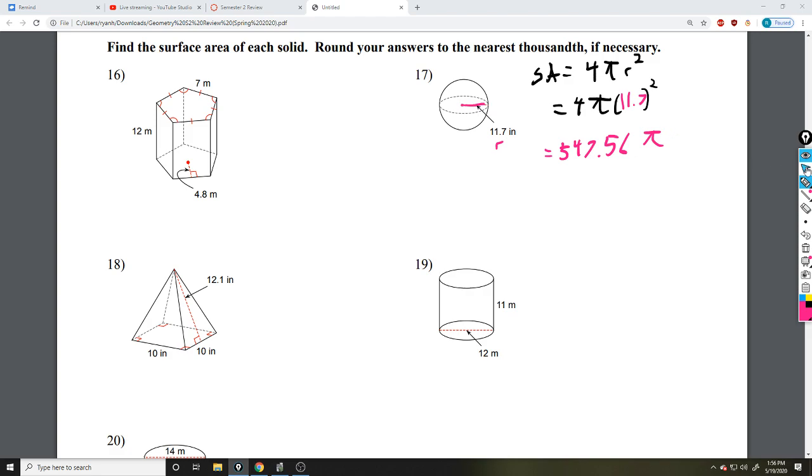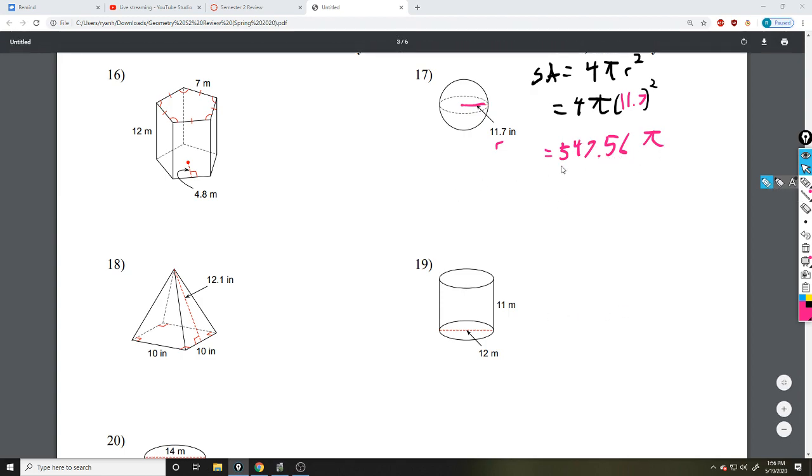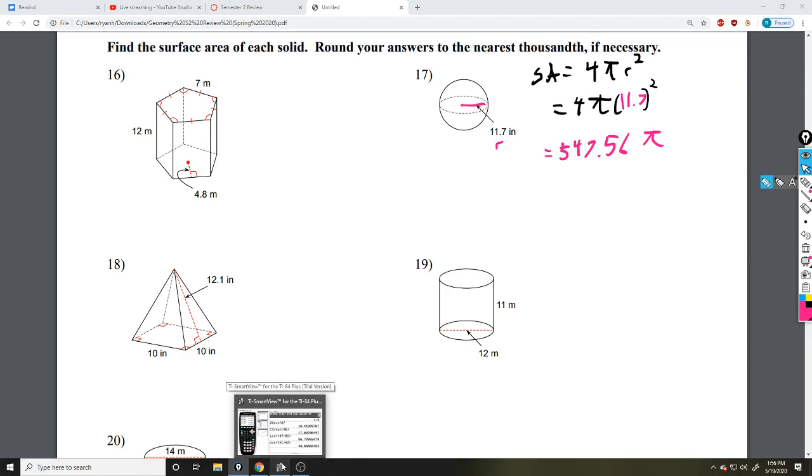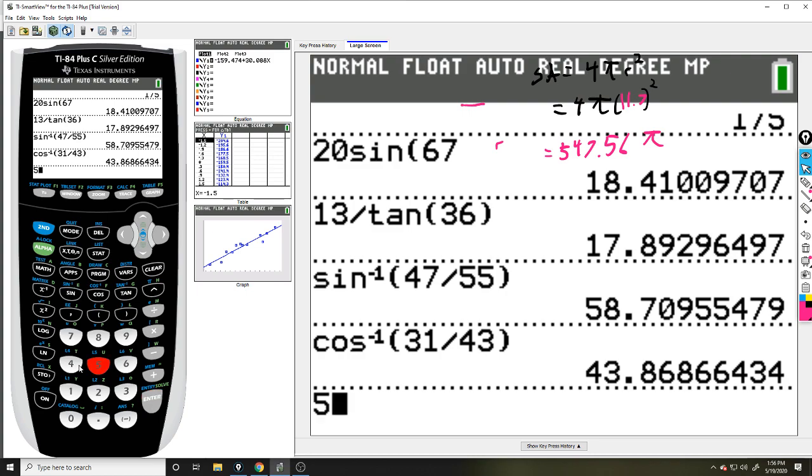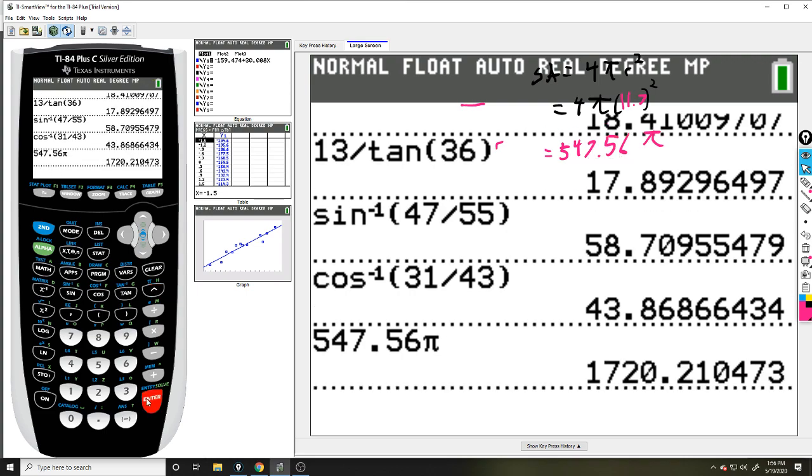Now, if we want a rounded answer, like it asks for rounded to the nearest tenth, then we would do 547.56, and then times pi to get our rounded answer. 1720.21.